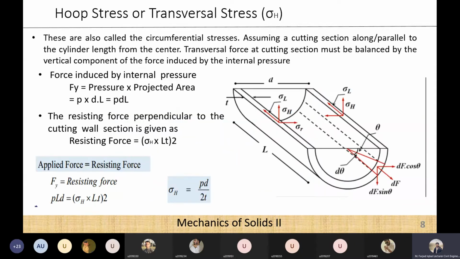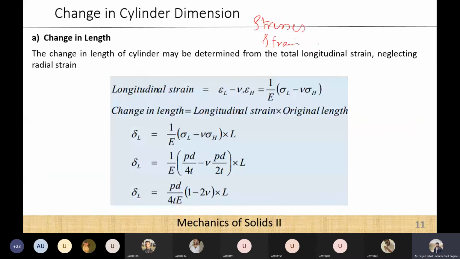So I want to compute the longitudinal change in length. It is quite obvious that we need to calculate this factor depending on the pressure so that we can incorporate it in our design. So for that, we need to consider the change in length and the longitudinal strain.